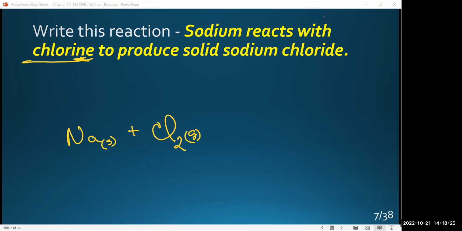Sodium reacts with is a keyword for plus. Okay. To produce is a keyword for the reaction arrow. Or it could be words like yields or gives or makes, words like that. Tell you that's the arrow. And then whatever chemical follows that to produce is the product.